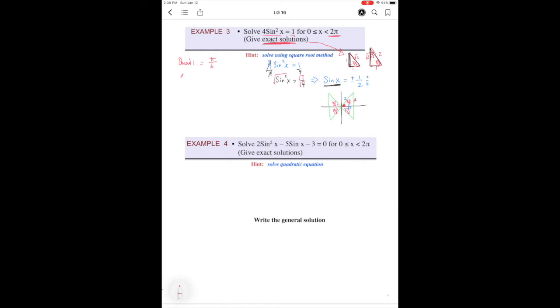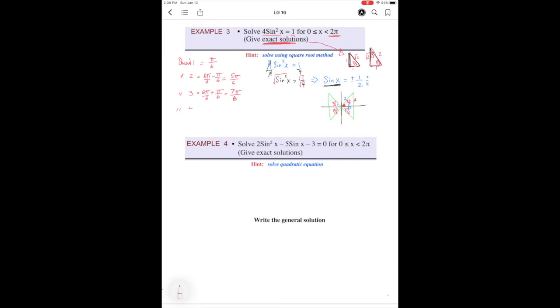Quadrant 2 is going to be pi take away pi over 6. Change that to 6, that to 6. So it's 5 pi over 6. In quadrant 3, we're going to go pi plus pi over 6. Remember 6, 6. That's 7 pi over 6.